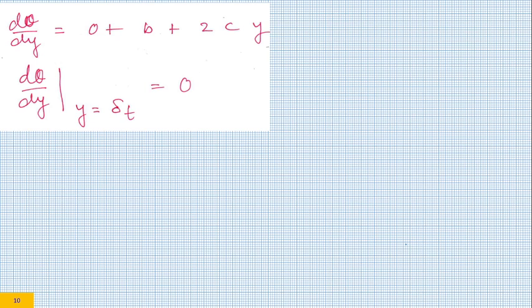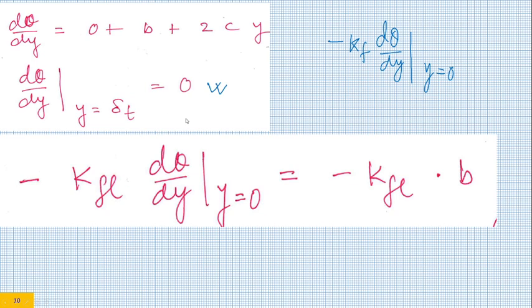Now let's see with all these what we can do. Our interest was to find out... so now we will try to estimate this value d theta dy, whether we can estimate at y equal to 0. Okay, let us see what happens.